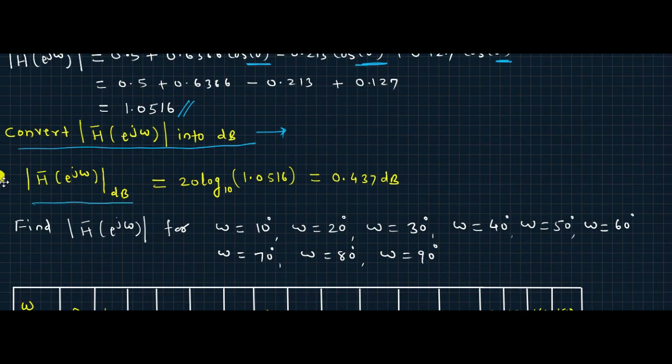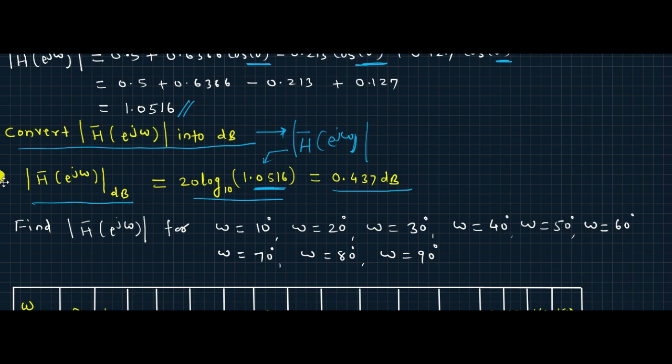We can obtain the value of h of e raised to j omega in decibels by using this formula: 20 log to the base 10 of 1.0516. This is nothing but the magnitude of h bar of e raised to j omega. We are obtaining 0.437 in decibels. Repeat this for all values of omega.